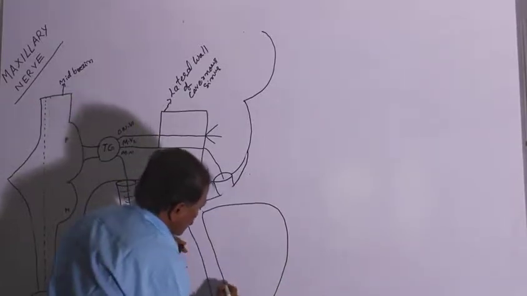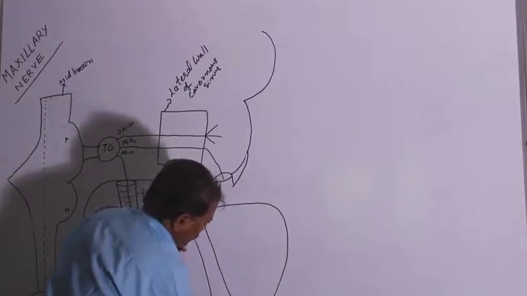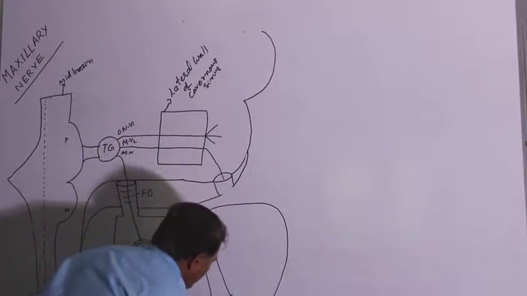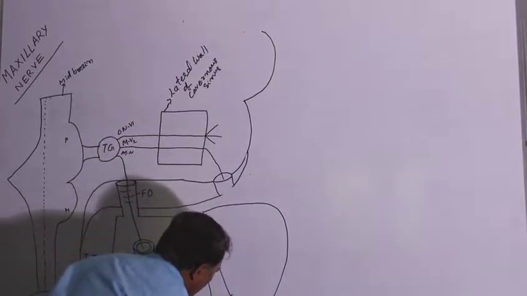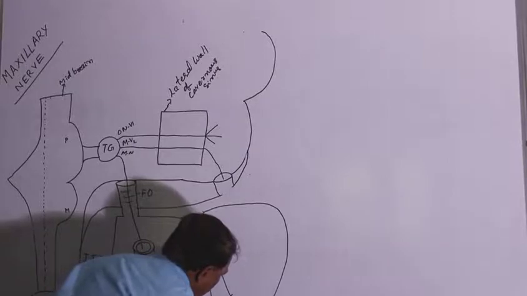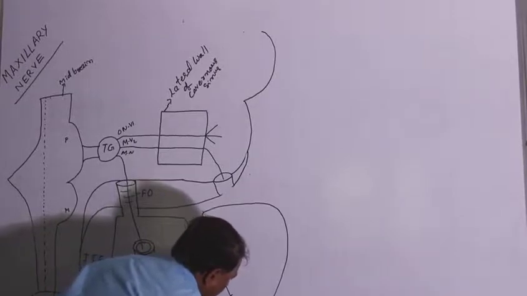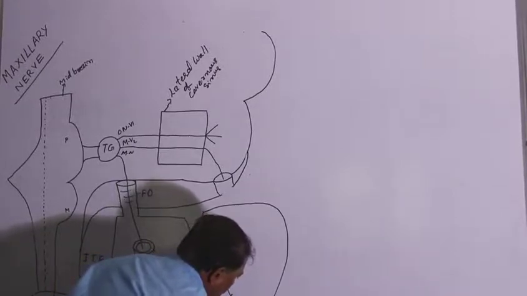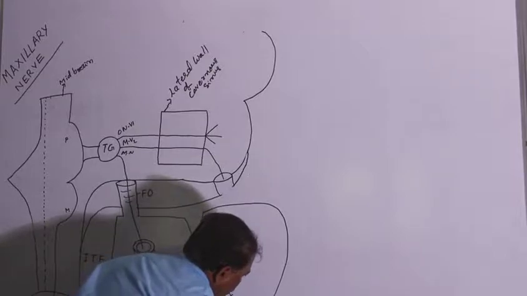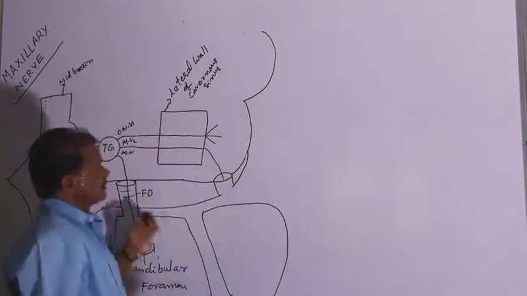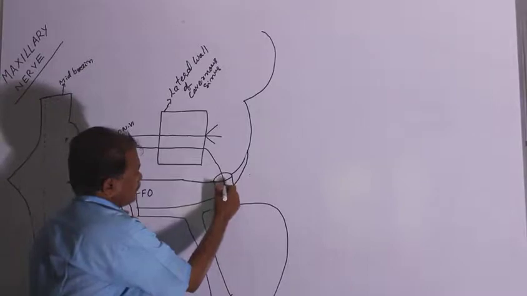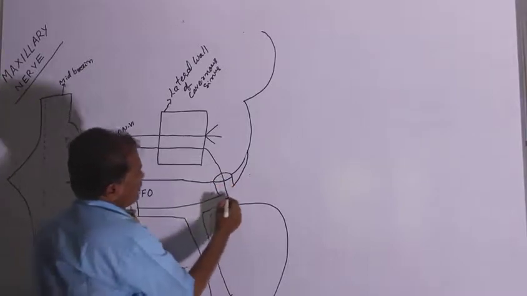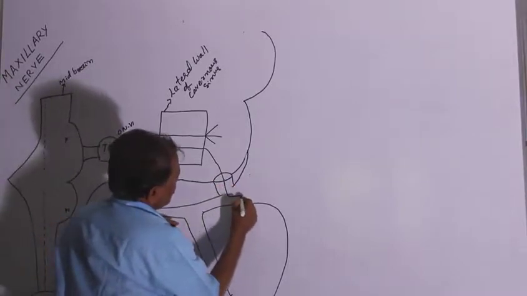This one is called the pterygopalatine fossa. It enters into the pterygopalatine fossa and runs forward.